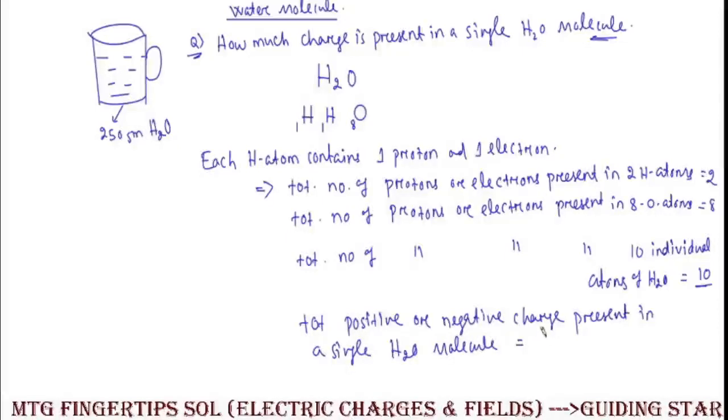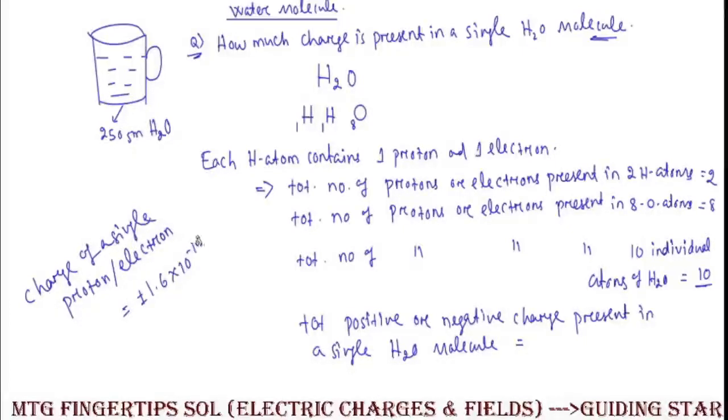Will be how much? So the charge contained in a single proton or electron, we know, is plus or minus 1.6 into 10 to the power minus 19 coulomb.